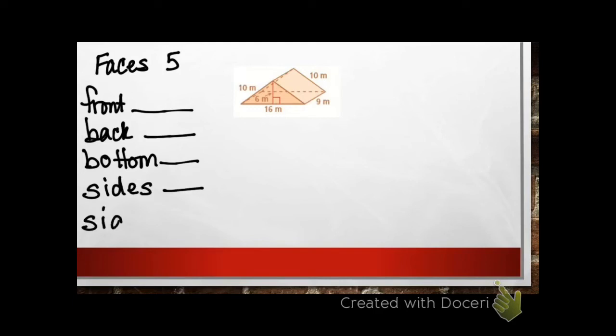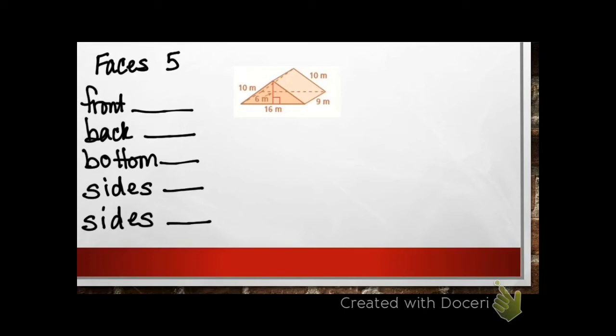Now, when I look at this triangle, it looks like it is not an equilateral, but an isosceles. So it does look like I'm going to have some sides that may be the same, which makes it a little easier. The first thing we're going to do is the triangles.